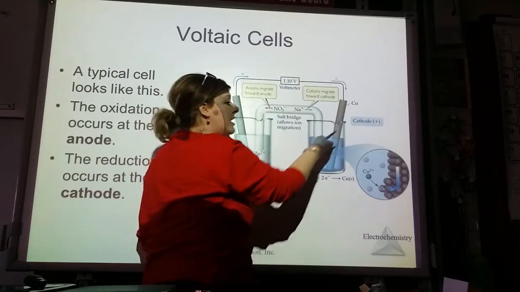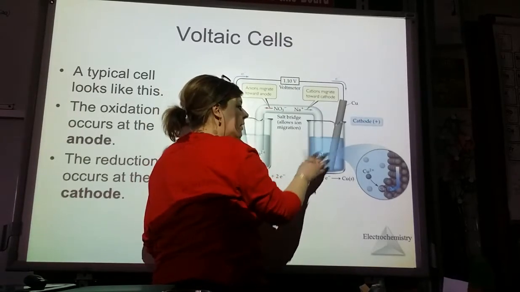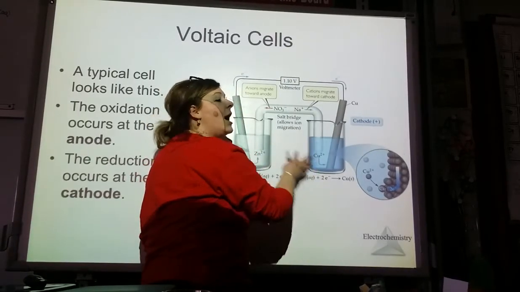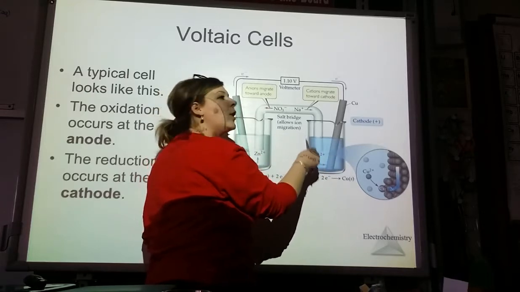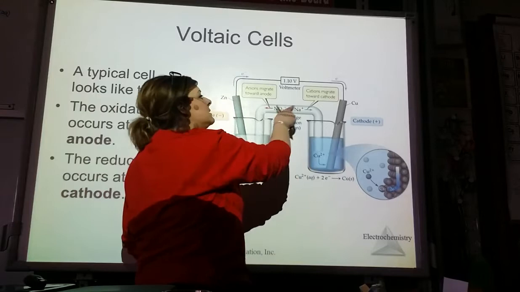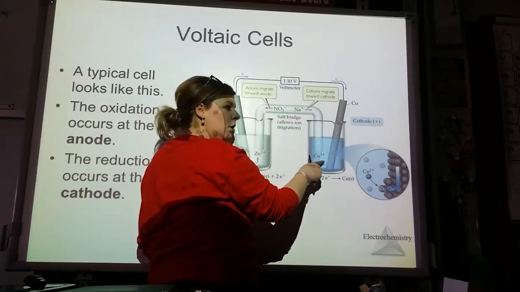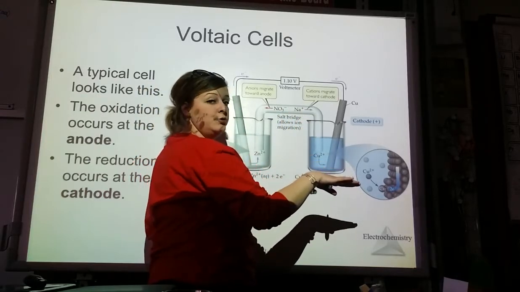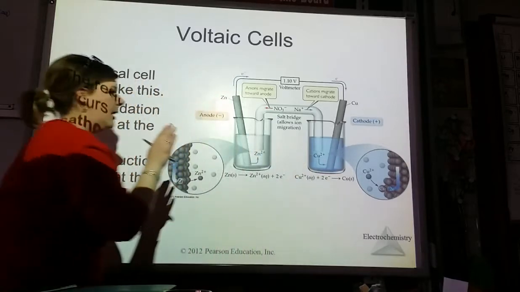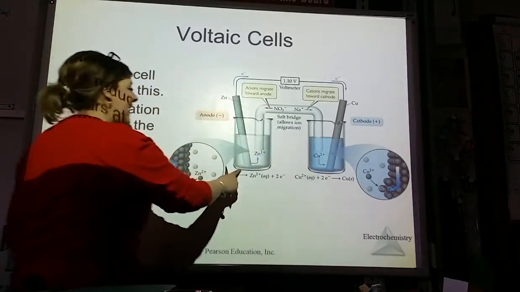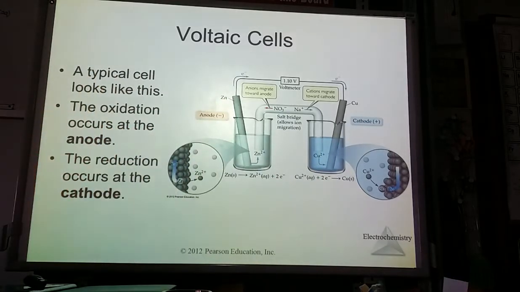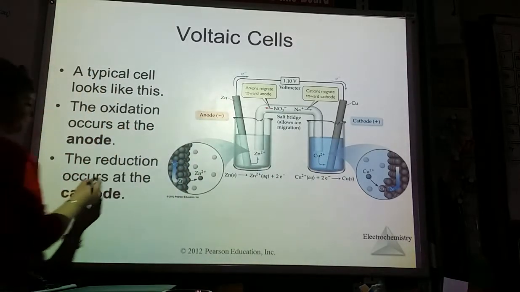It's going to gain electrons and plate onto the copper, meaning I'm going to start getting a lot more SO4 2- in this beaker. So I have a lot more anions now. I need the cations to come in here to balance out that electrical neutrality. So for the cathode, cations will move to the cathode, anions will move toward the anode.